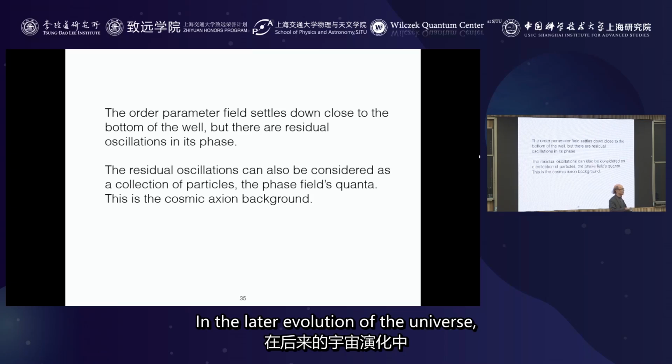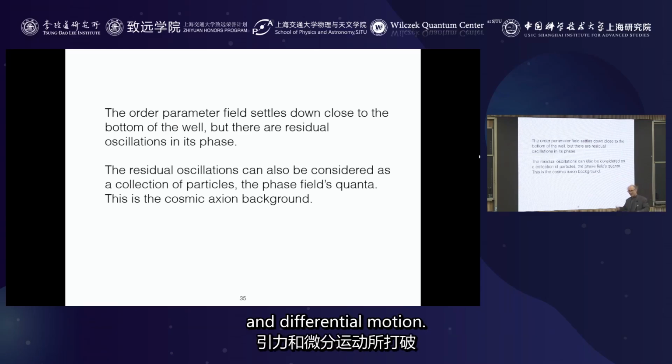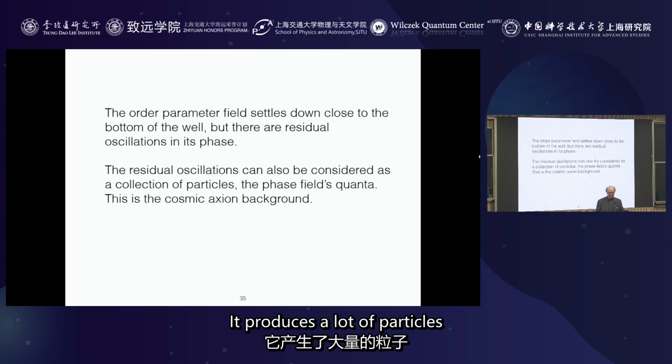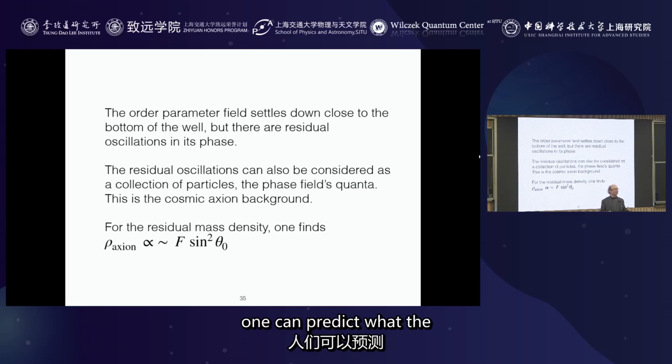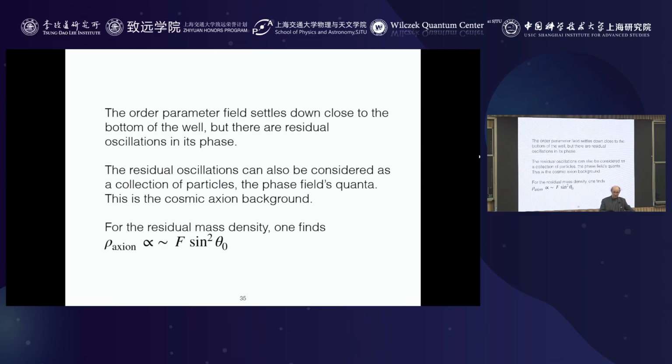In the later evolution of the universe, the coherent condensate is broken up by interactions and gravity and differential motion, so it doesn't stay coherent. It produces a lot of particles. And one can predict what the energy in this fluid is.